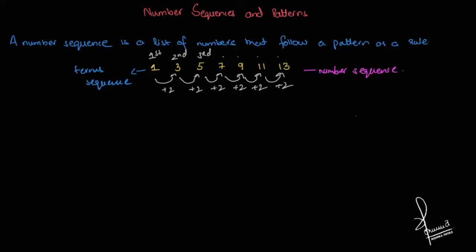इस लिस्ट की या इस सीक्वेंस की जो इंडिविजुअल टर्म्स हैं वो उस सीक्वेंस की टर्म्स हैं, और जिस पोजिशन पे इन द सीक्वेंस ये टर्म्स आती हैं वो टर्म नंबर है.